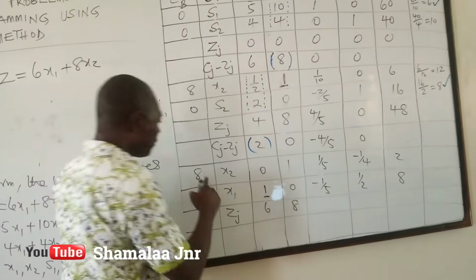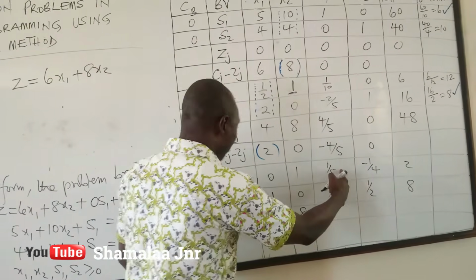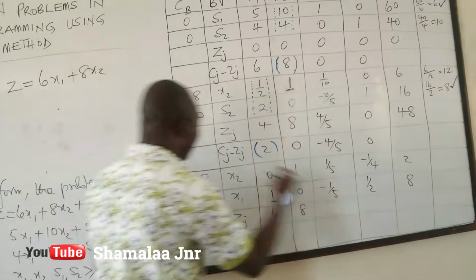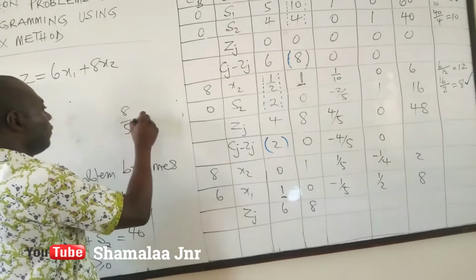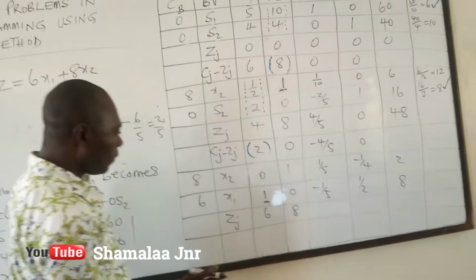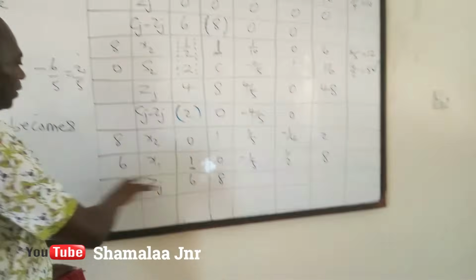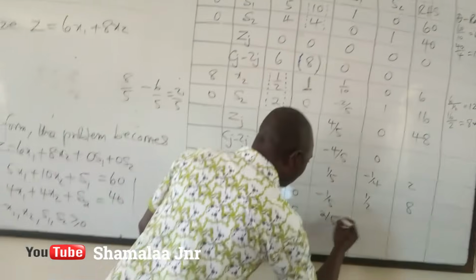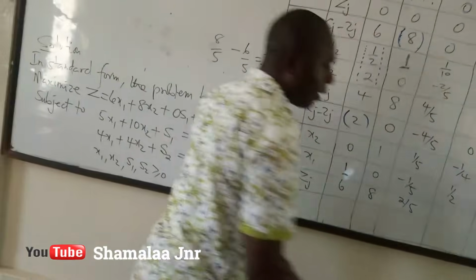This is 8. 8 times 1 over 5 plus 6 times negative 1 over 5. So this one will be 8 over 5 minus 6 over 5. This is 2 over 5. Are you seeing it? So 8 over 5 minus 6 over 5, that is 2 over 5. You have to ensure that all the numbers here are correct.